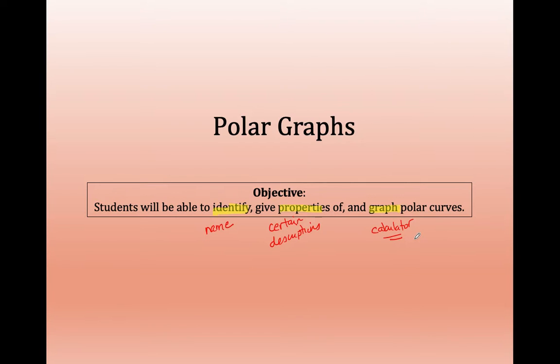You will either have a calculator, or if the calculator is taken away from you, they will print the graph and label it for you. Okay, because you're going to be doing calculus stuff with it. So they don't want you to get stuck on the graphing part. So I'm going to highlight how you get the graphs by hand a little bit, but we're going to focus mostly on the naming and the descriptions.